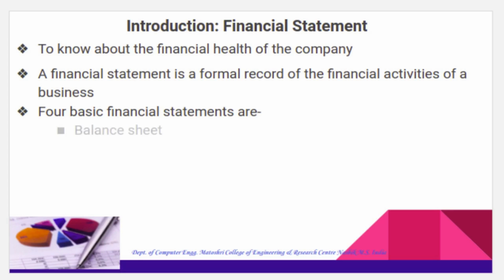The first one is the balance sheet, also referred to as statement of financial position or condition, that reports on a company's assets, liabilities and ownership. This is mentioned in the balance sheet. It depends on a certain point of time.